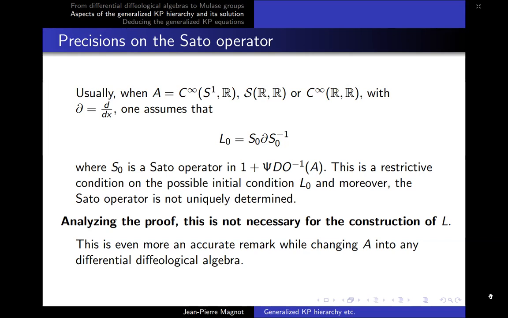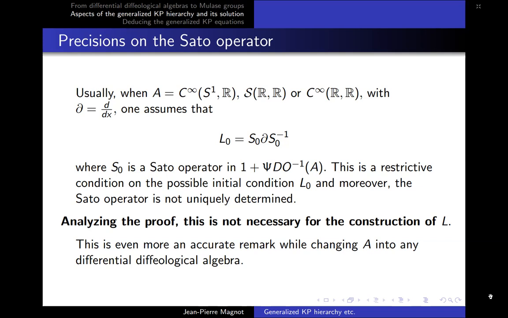This condition cannot be fulfilled for any L0. There is a condition for the first non-trivial coefficient, the coefficient of order -1, which is not always fulfilled, and this condition, when we analyze the proof via R matrices, is not necessary.